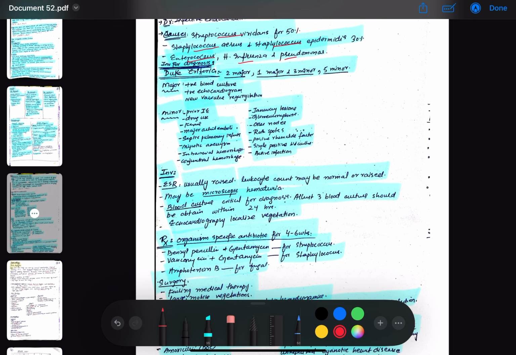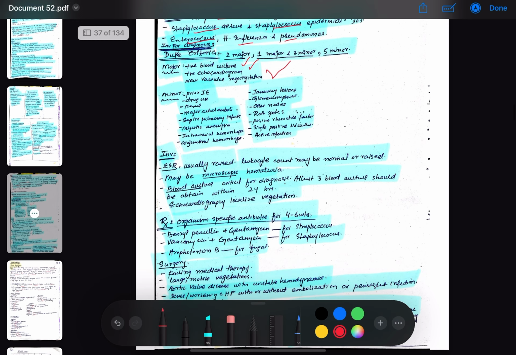The major are positive blood culture, positive echocardiogram, and new valvular regurgitation, while the minor are prior infective endocarditis, drug use, fever, Janeway lesions, glomerulonephritis, Osler nodes, Roth spots, positive rheumatoid factors, single positive blood culture, active infections, conjunctival hemorrhages, intracranial hemorrhages, mycotic aneurysm, septic pulmonary infections, and major emboli.